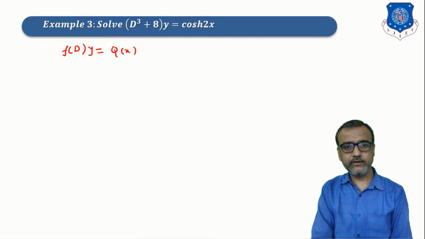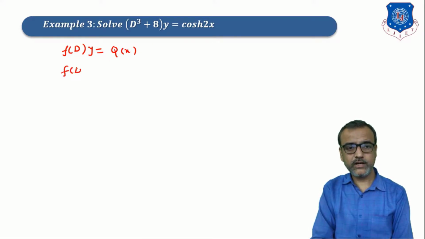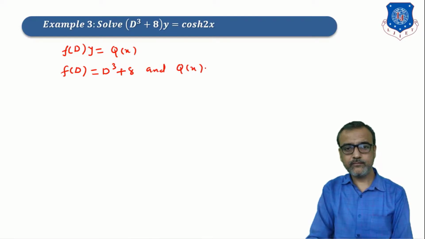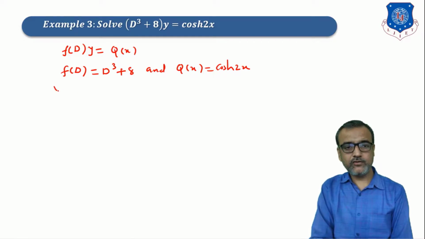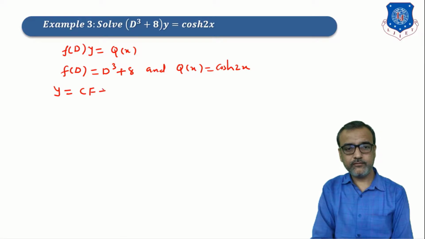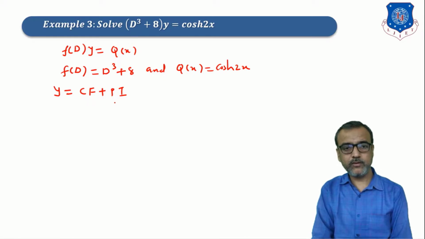If we compare the given differential equation with f of D y equals to Q of x, we have f of D equals to D cube plus 8 and Q of x equals to hyperbolic cos 2x, and its solution is given by the formula y equals to CF plus PI, where CF is complementary function and PI is particular integral.